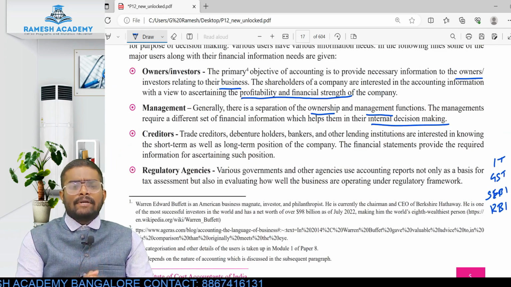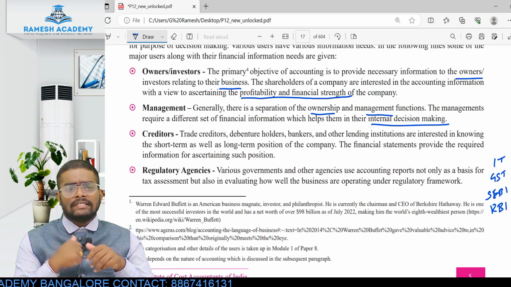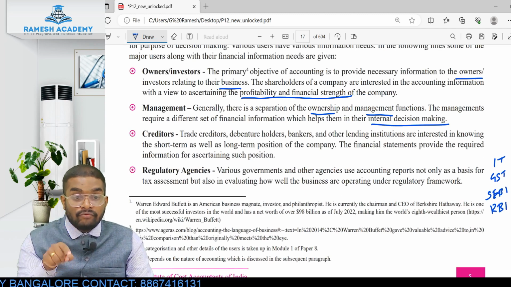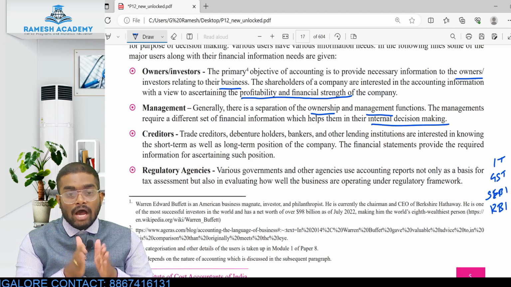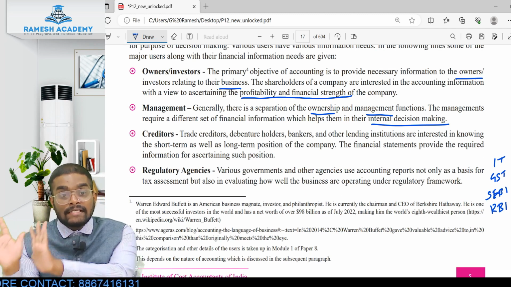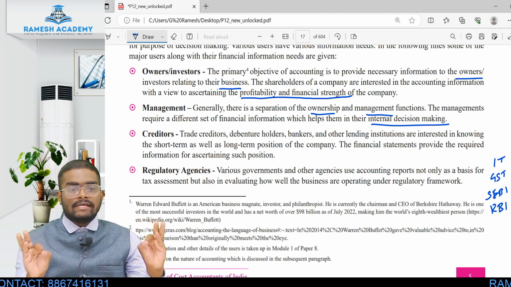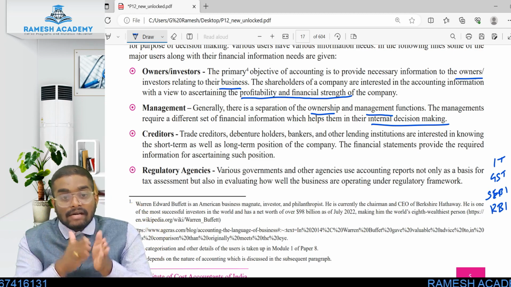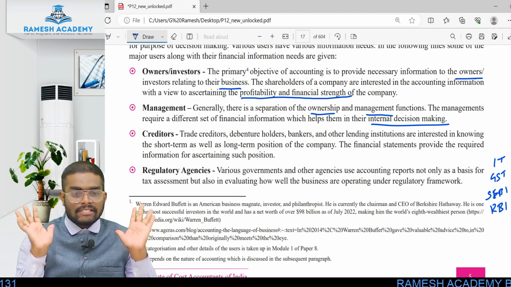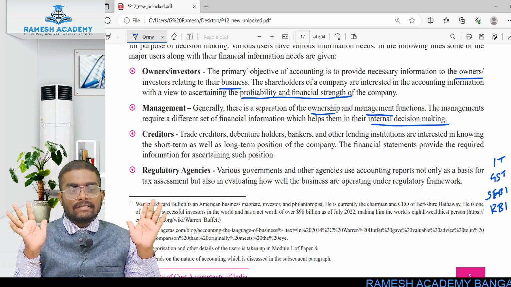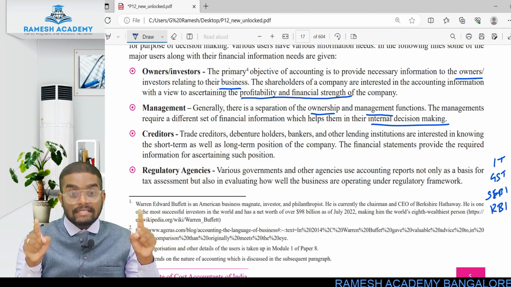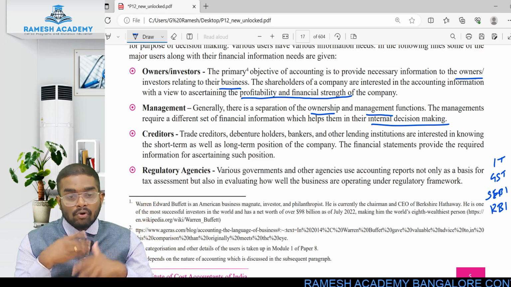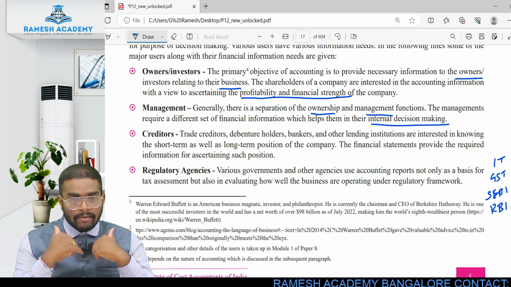So IT department, why does IT department require our financial information? Whether we have done any fraud? Are we making business as per the income tax laws? They will be looking at whether a particular business is running as per the income tax law. Are they claiming any deduction, wrong deduction? That's the reason income tax will be more interested in our business.